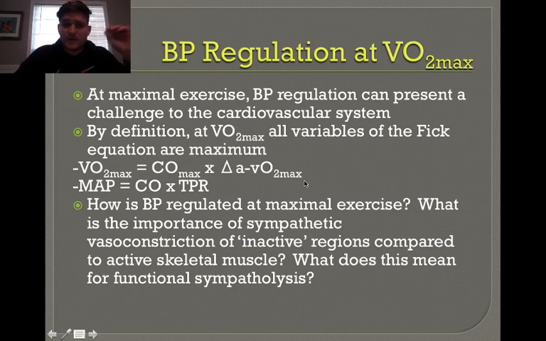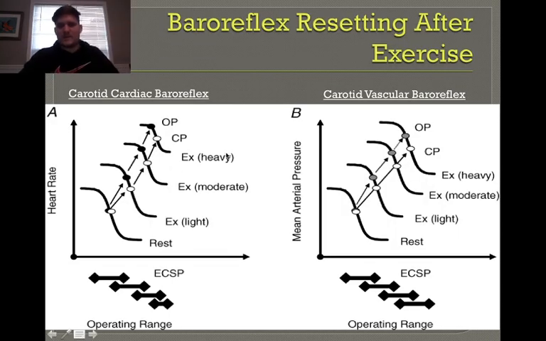So I'm going to end it off there for today, but the next video is going to discuss, okay, now we have a change in blood pressure response as we go from lighter to more intense physical activity. But what happens at that maximum point? Because the body basically has to decide. Again, we need to vasodilate to the skeletal muscle because we need to deliver blood, we need to deliver oxygen.